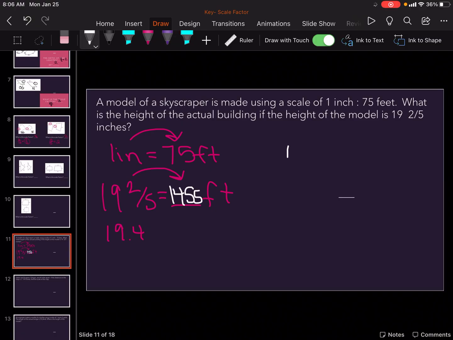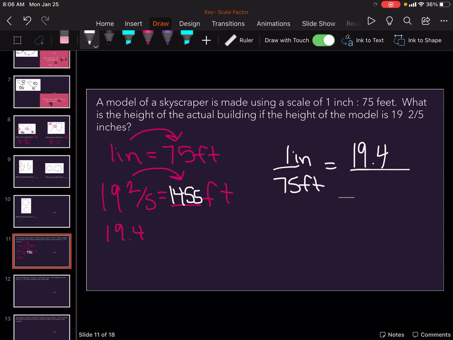You can use your scale factor, or if you set up a proportion, you can cross multiply and divide. So 19.4 times 75 divided by 1 gives you the same thing. We want you to see it using the scale factor.